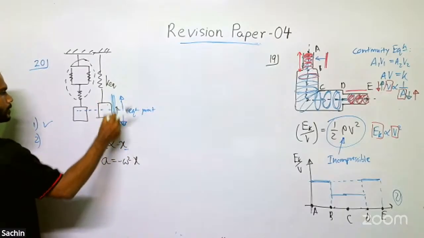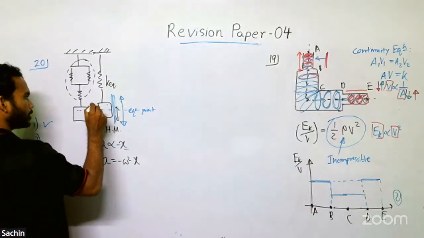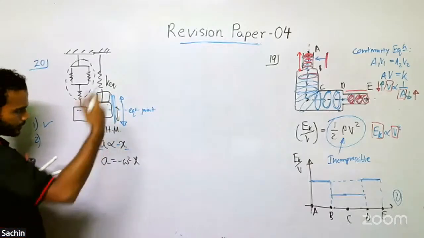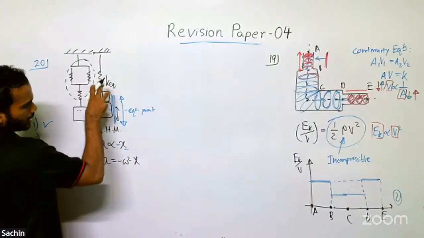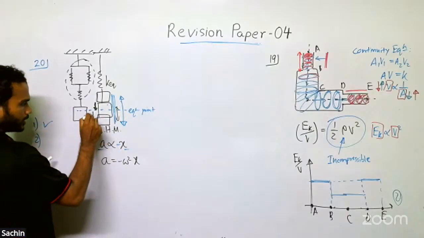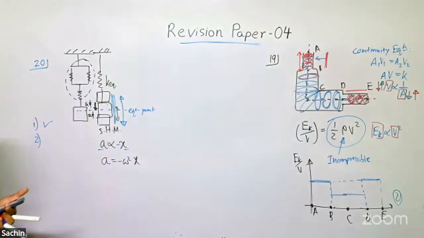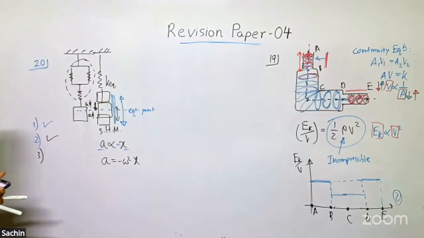So it's symmetric over the equilibrium point, and the acceleration always acts towards this equilibrium level. Whether this object is above or below the equilibrium level, it doesn't matter. In all these cases, the acceleration always lies towards the equilibrium point. That's again correct. Third one, the period of this spring is 2π√(2m/3k).